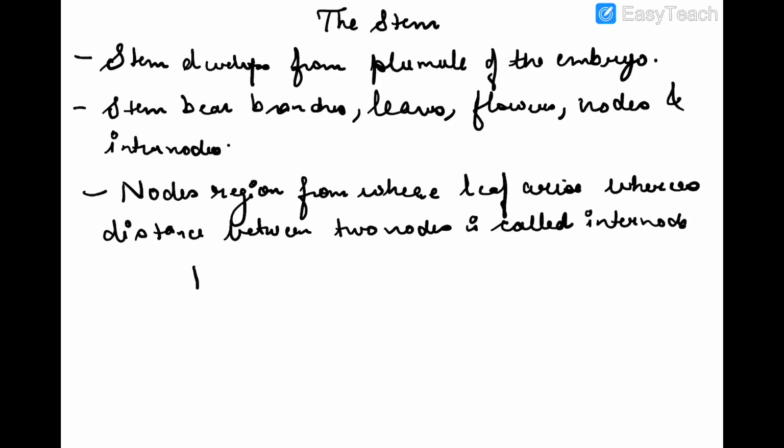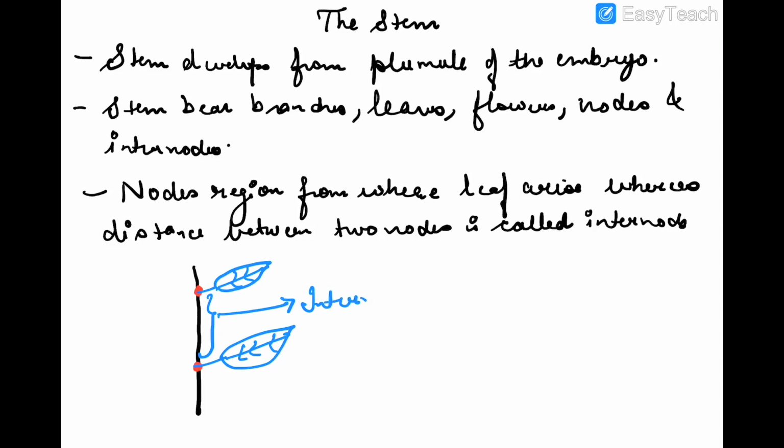For example, if this is a stem and these are its two nodes, then from these two nodes would arise leaf. And this part, which is the distance between two nodes, is known as internode.